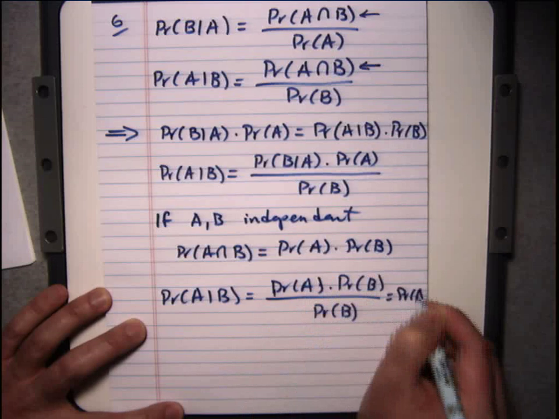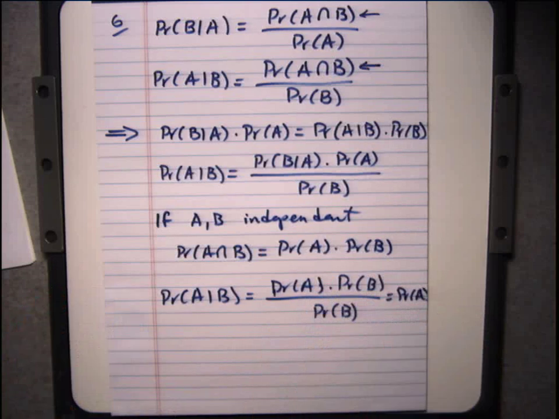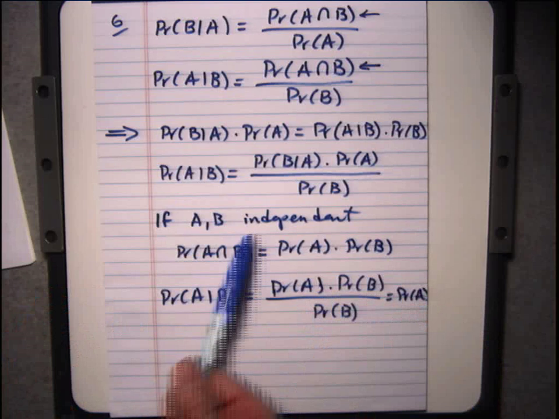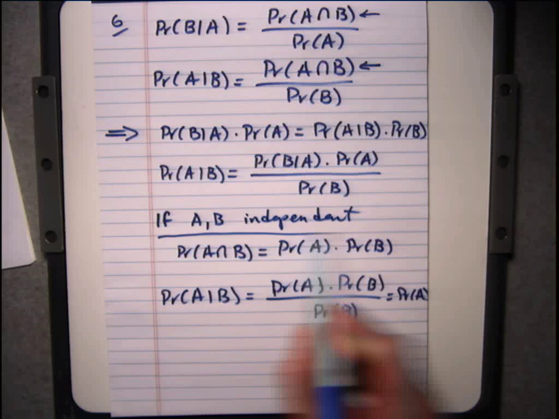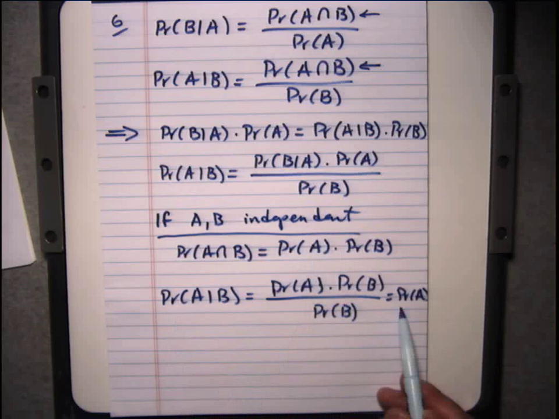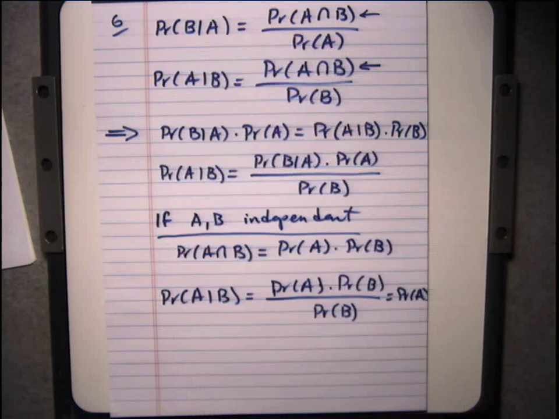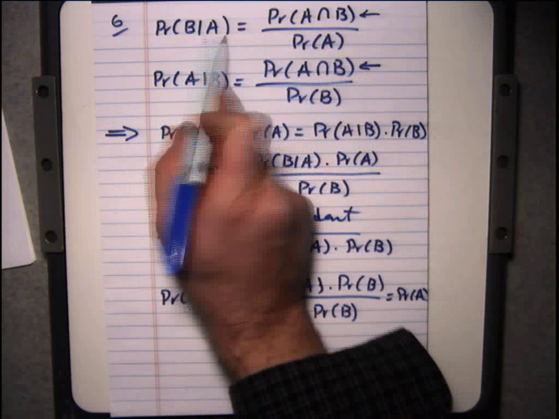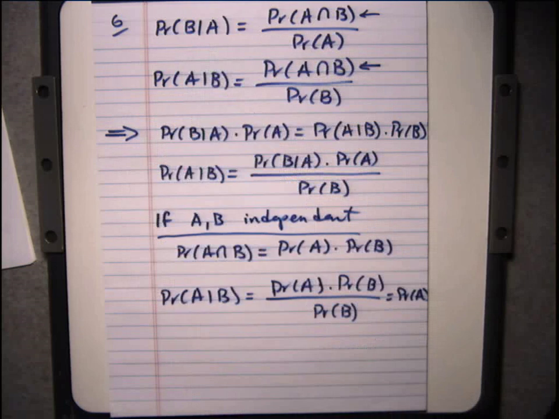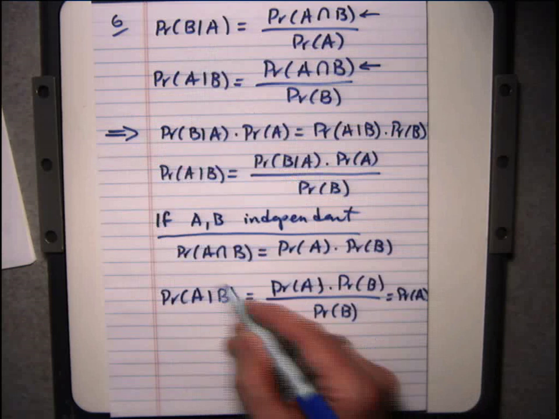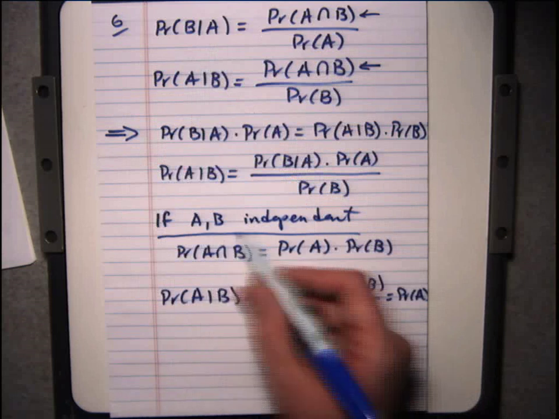Just probability of A. Okay, so what this means is that if A and B are independent, then the conditional probability gives me exactly the same as the unconditioned probability. Why? Because B is not giving me any information about A. Okay? And the same is true, of course, if you do this for B given A. If A and B are independent, probability of B given A is just probability of B. Okay? So you don't need to deal with the conditioning if the two things are in fact independent of each other.